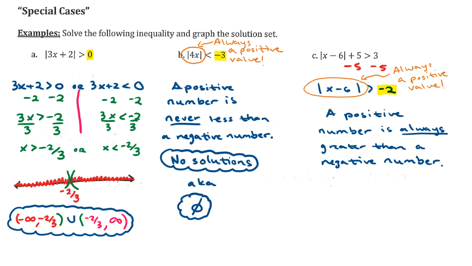So again, it doesn't matter what we plug into x in the expression x minus 6, once we take the absolute value of the resulting number, no matter what, it's going to be larger than negative 2.